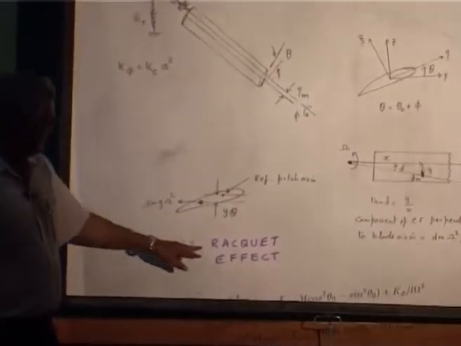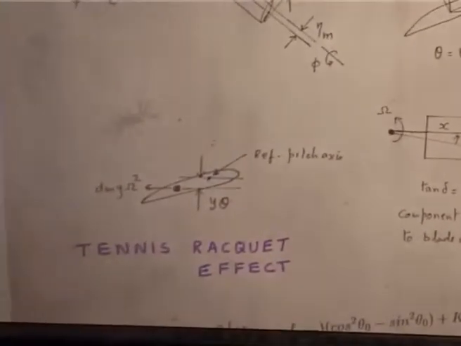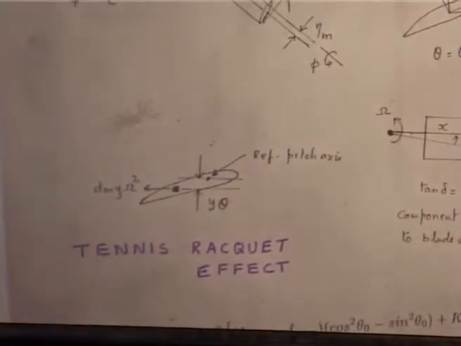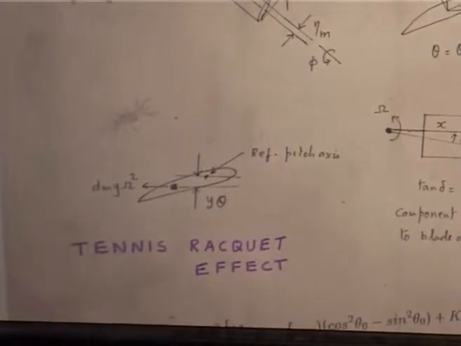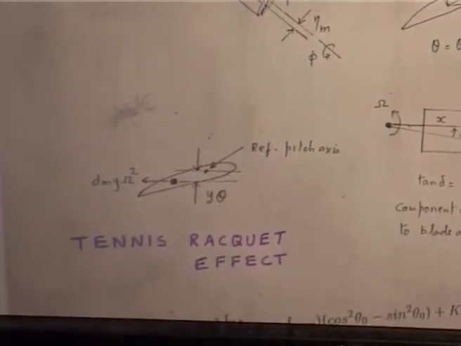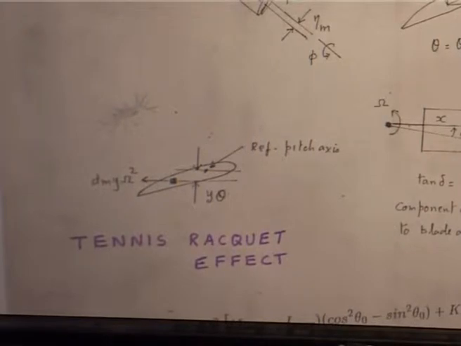That is why there is a term called the tennis racket effect. Later I will explain. The tennis racket is big, and he is holding it and keeps it at an angle. When he serves, if you rotate it, it will try to straighten because of the two centrifugal forces.